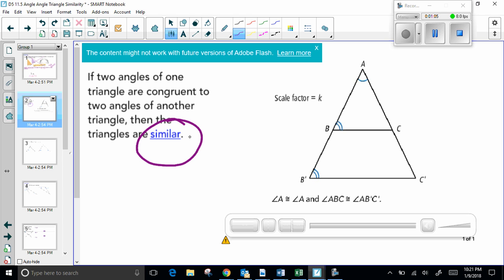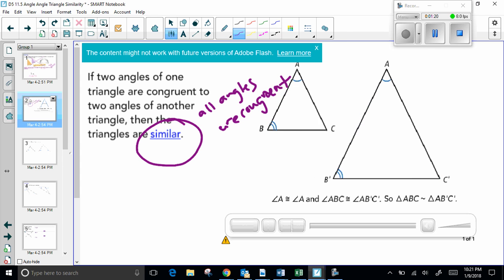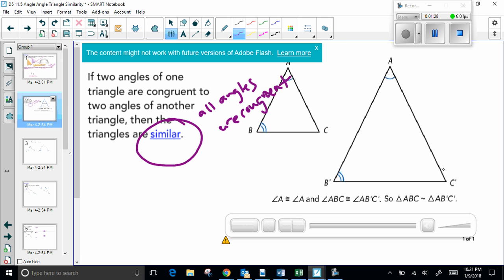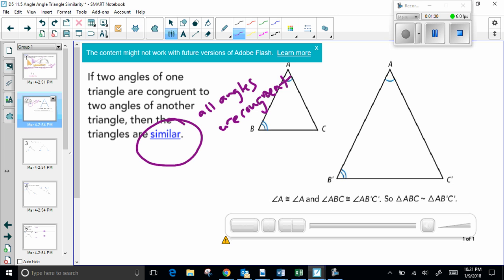It means they're similar, as in all angles are congruent. I don't think this video does a great job of explaining that, but what it does mean is each one of these angles, corresponding angles, matching angles, are congruent to one another.